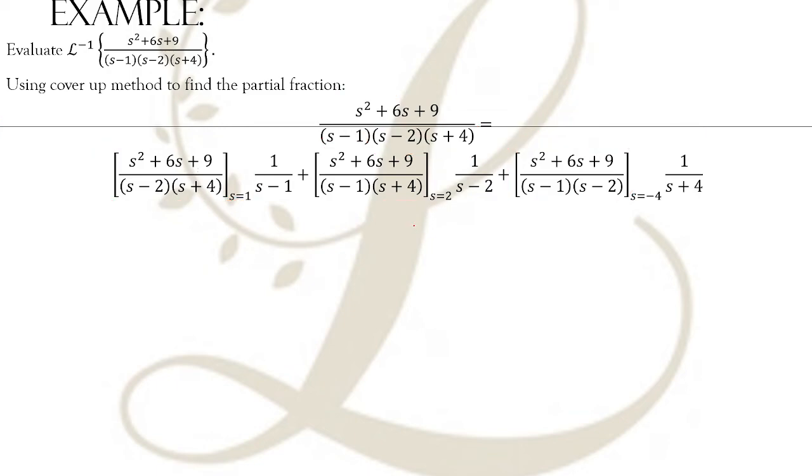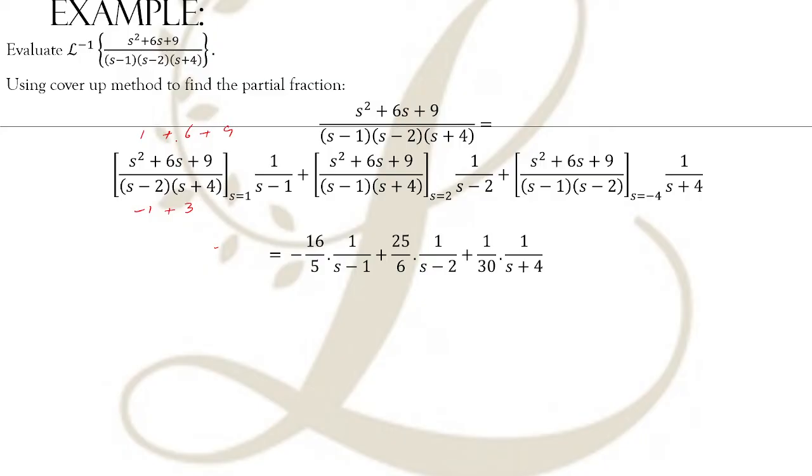So once we put all these values in here, we get the next value as minus 16 by 5 into 1 over s minus 1, plus 25 by 6 into 1 over s minus 2, and so on. Where does this value come from? Let me explain one. Here, in place of s we have to put 1, so we get 1 plus 6 plus 9 divided by minus 1 into plus 3.